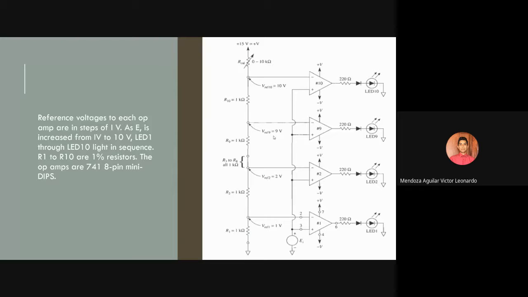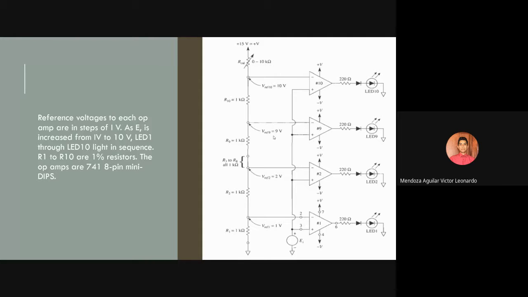Well, this is the schematic circuit. The reference voltages to each operational amplifier are in steps of 1 volt. As E is increased from 1 V to 10 V, LED 1 through LED 10 light in sequence.